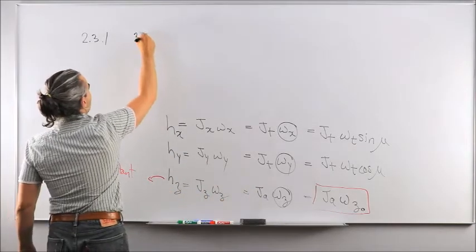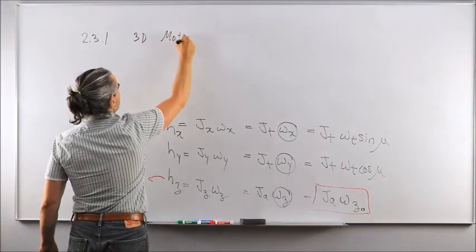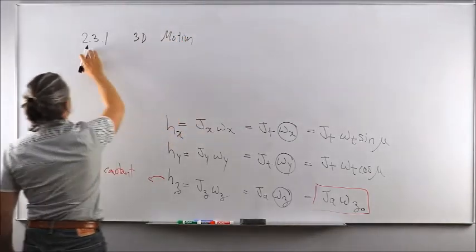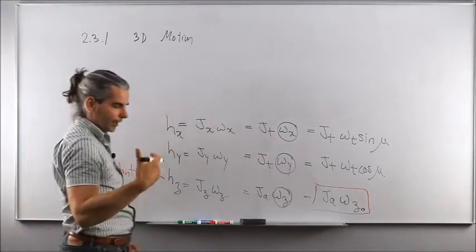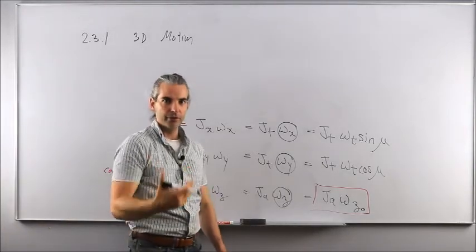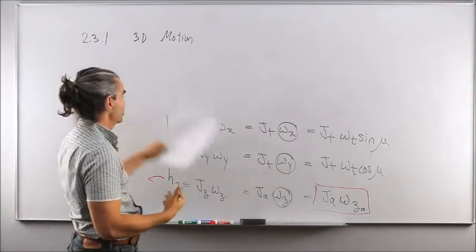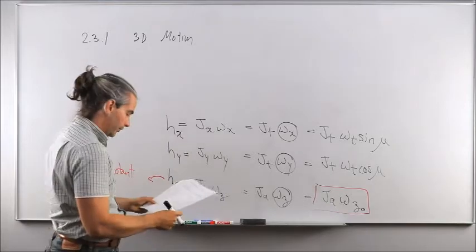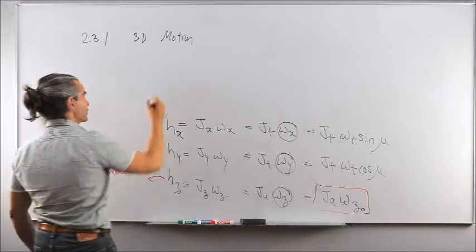So 3D motion. 3D motion of what? Well, 2.3.1 is under angular momentum vector, the body fixed reference frame, so that would be 3D motion of the angular momentum vector in terms of components.